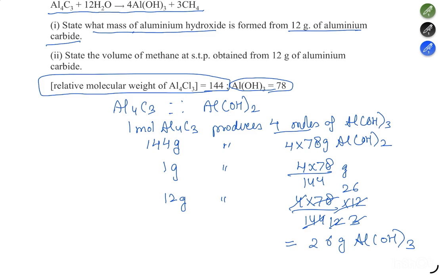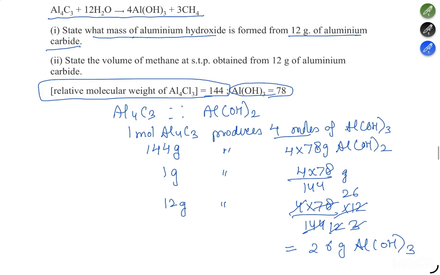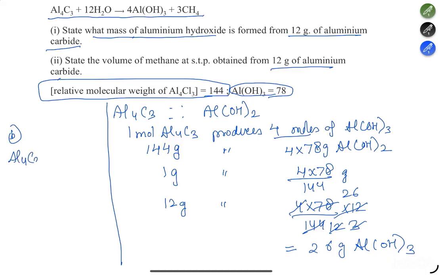Second part, you see the volume of methane at STP from 12 gram of aluminum carbide. Now if I see the balanced equation here, we can see the aluminum carbide ratio to the methane is 1 mole to 3 moles.